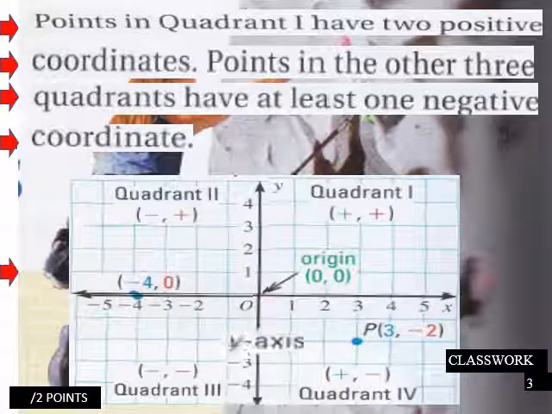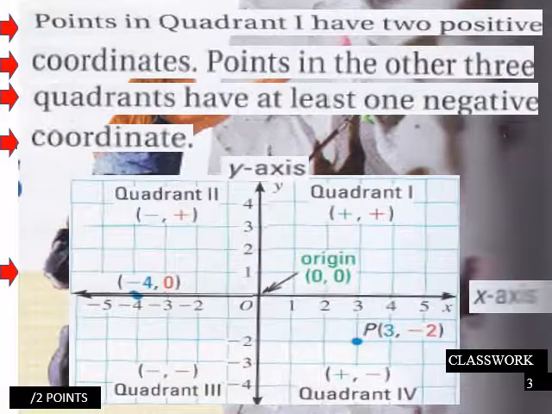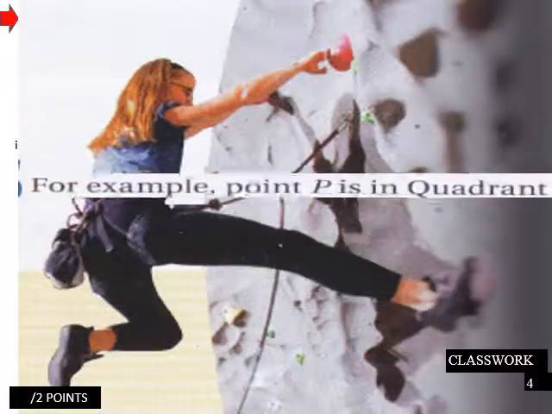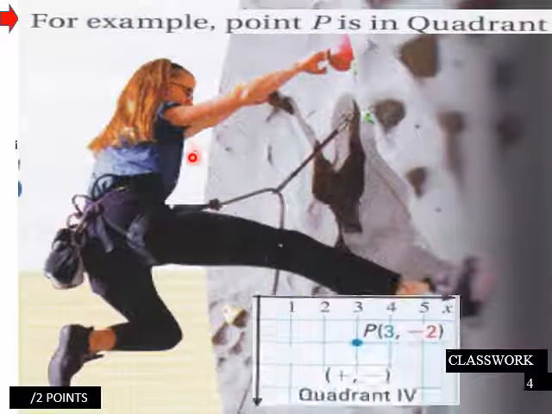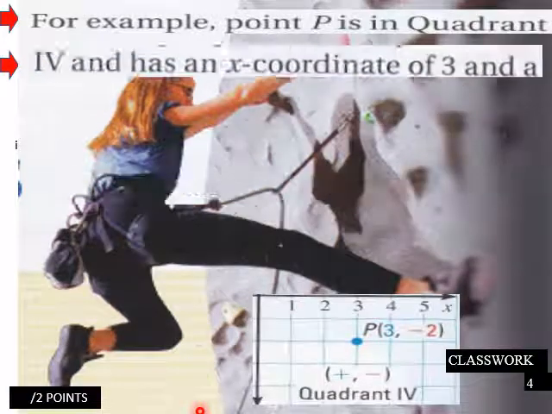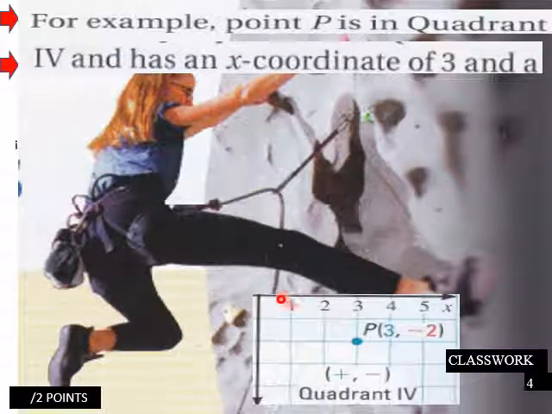Quadrant 4 is positive, negative. For example, point P is in quadrant 4. It has an x-coordinate of 3 and a y-coordinate of negative 2, yes?